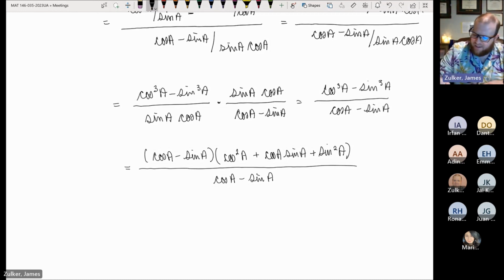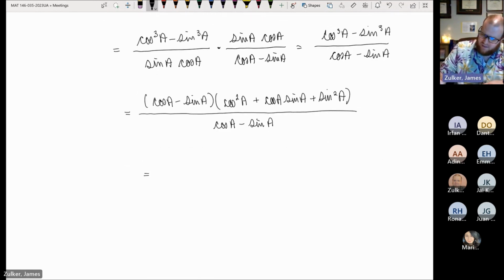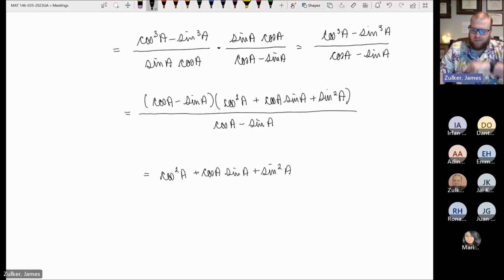Right, we have a cosine minus sine over cosine minus sine. So here's what we're left with.